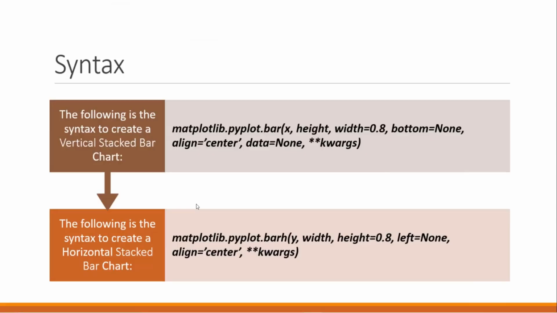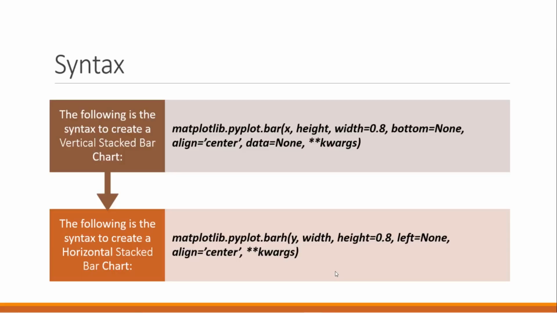Now we will see the syntax to create a horizontal stacked bar chart. It is similar to the horizontal bar syntax, so I will explain it once. The syntax is matplotlib.pyplot.barh, and we pass the parameters y, width, height, left, align and keyword arguments. It draws a horizontal bar graph.